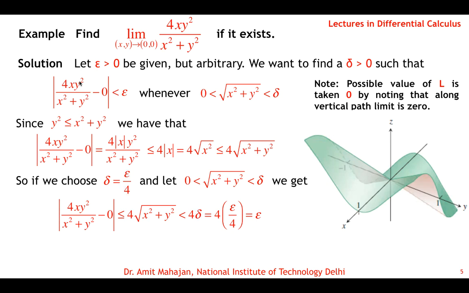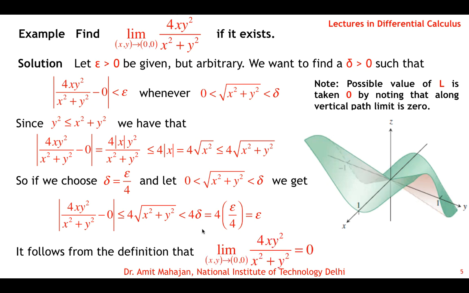So both these inequalities will hold simultaneously, and the limit of xy tending to 0 0 on this must be 0. So the result holds true. By the epsilon delta definition, the limit exists and it is equal to 0.